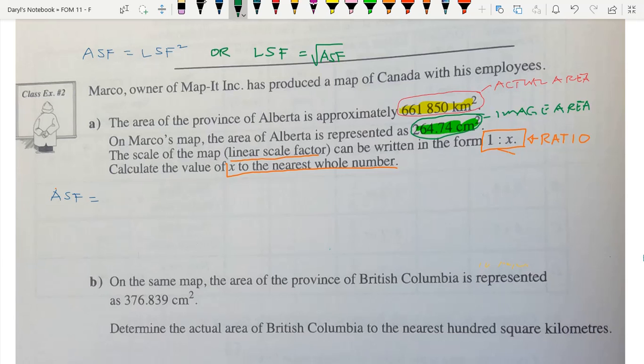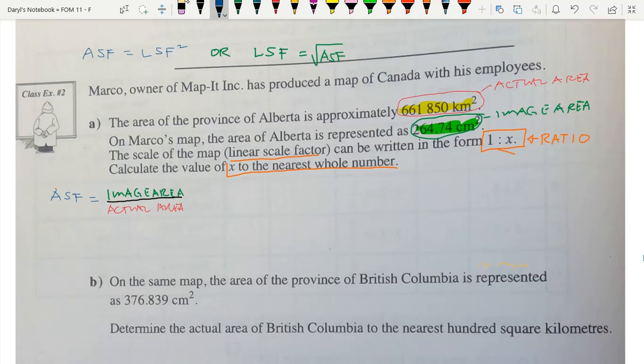So the area scale factor is just equivalent to the image area divided by the actual area. Okay, so it's just the image area over the actual area.